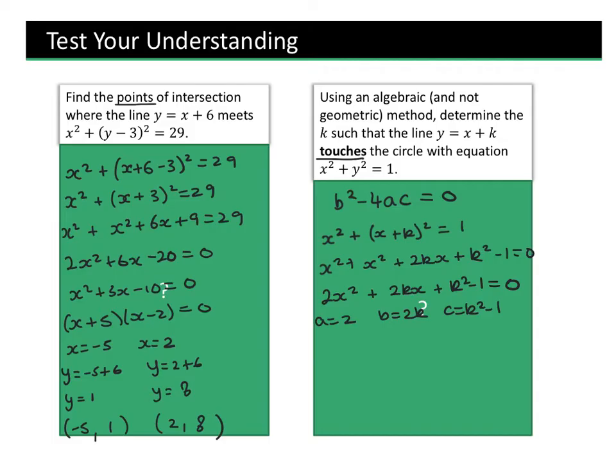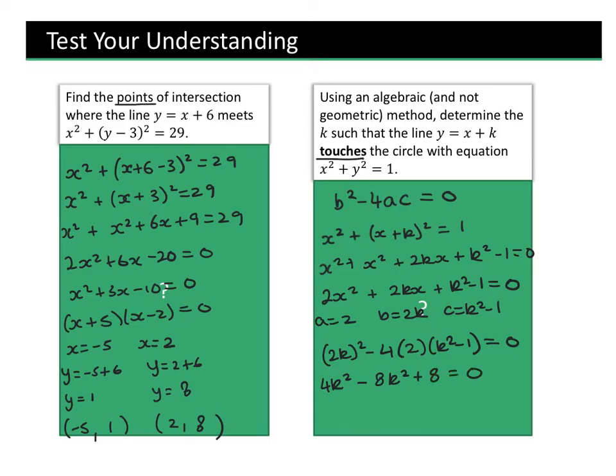I'm now going to substitute that into my equation. So b squared is 2k squared, minus 4 lots of a, which is 2, lots of c, which is k squared minus 1. This equals 0. Then we're going to have 4k squared minus 8k squared plus 8 equals 0.